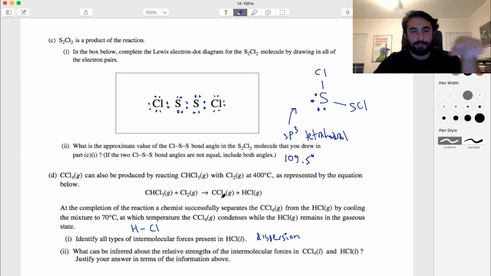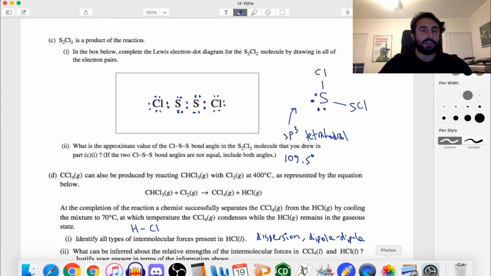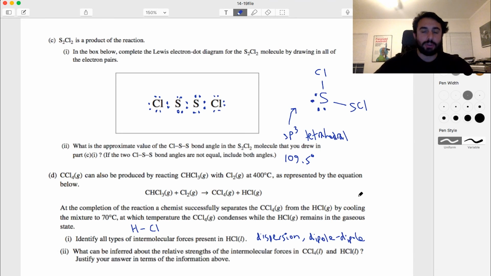So the bond dipole is the net dipole, and so because it has a dipole, it can do dipole-dipole, right? And that's it. So there's no formal charges for ion-dipole or ion-ion or anything like that. And then also H bonds don't work because this is not fluorine, nitrogen, or oxygen. Remember, only fluorine, nitrogen, or oxygen would make this capable of H bonding.